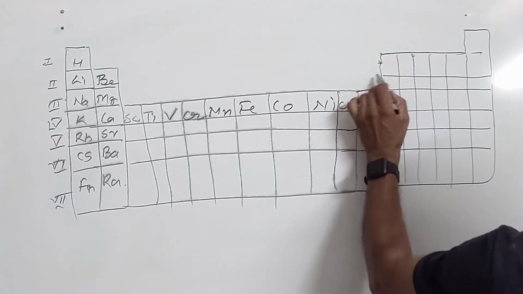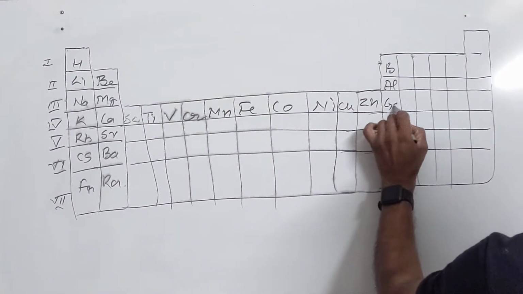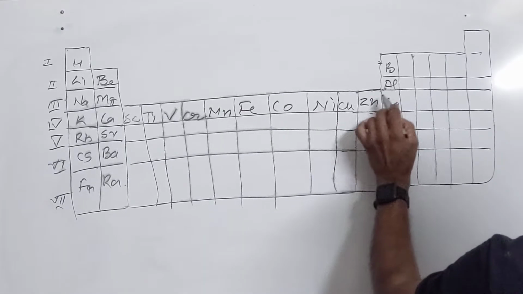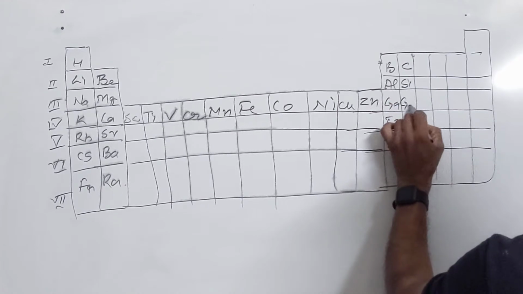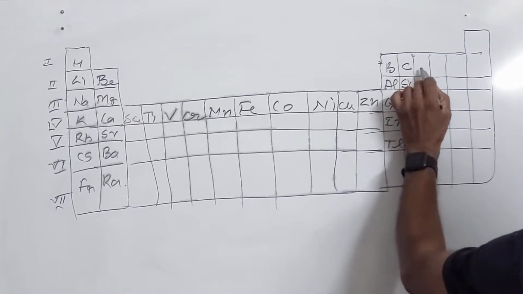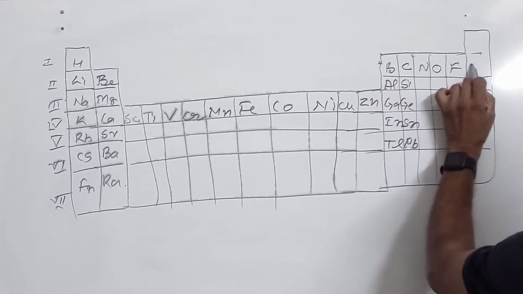Now we have boron, aluminium, gallium, indium, thallium, these are the elements of this group. Then we have the next group, the carbon family. Then the next group: nitrogen, oxygen, fluorine, neon.